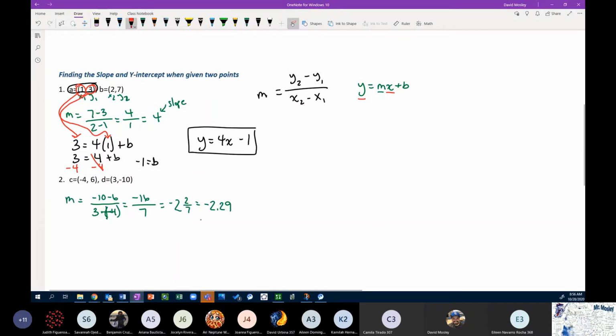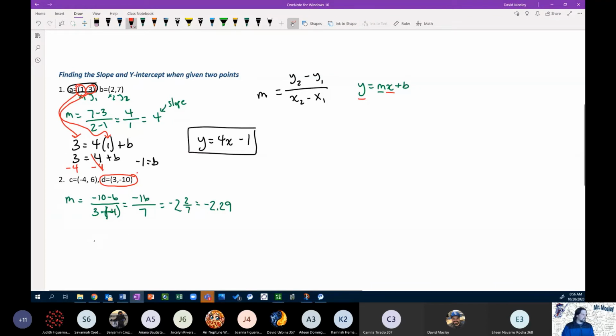We'll see that again in number 2 here. So we've got our slope. We have a few different representations for it. We'll use the decimal just to make it easier to write. And then let's use point B to solve for b, the y-intercept.